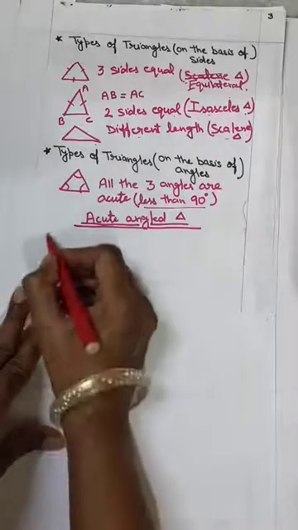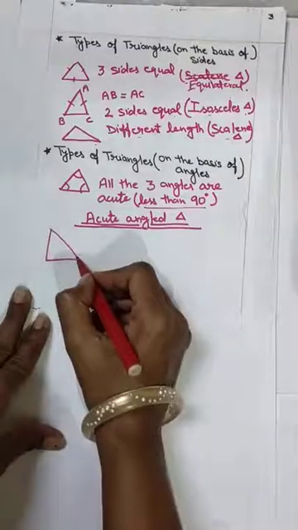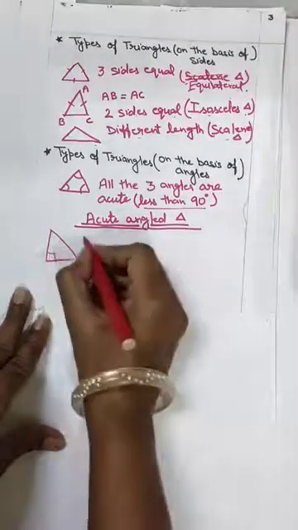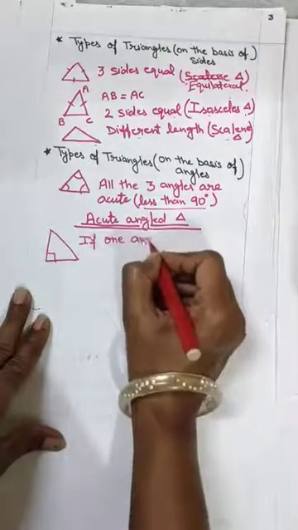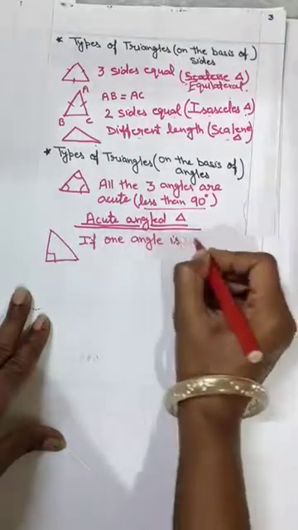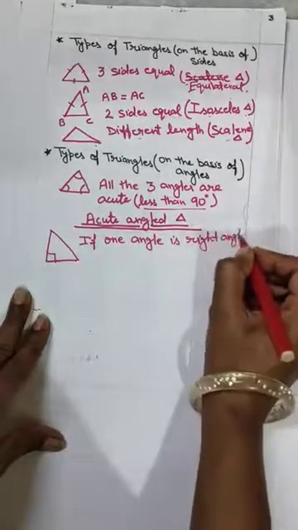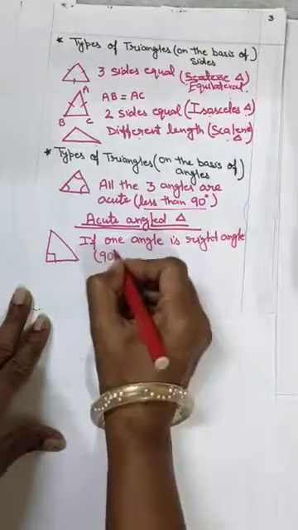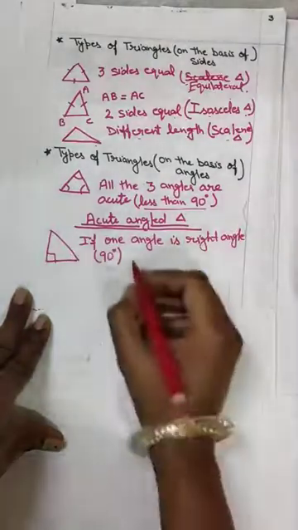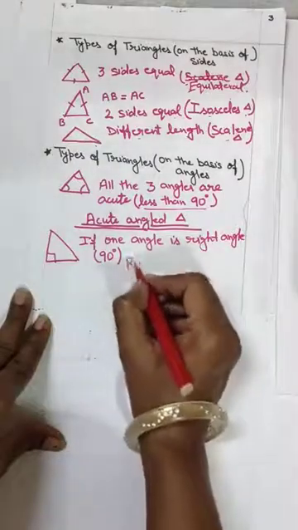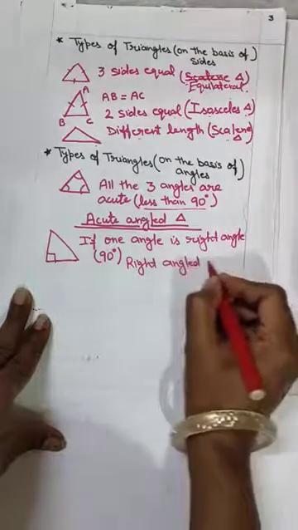Next is if one angle is a right angle, means 90 degrees. So if one angle is of 90 degrees, then it is a right angled triangle.